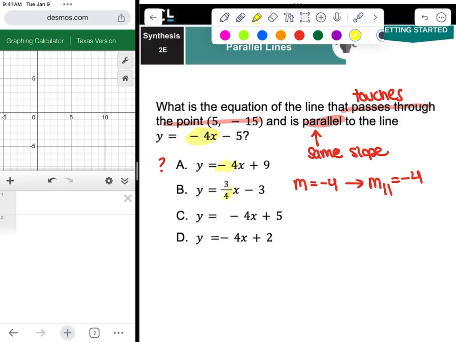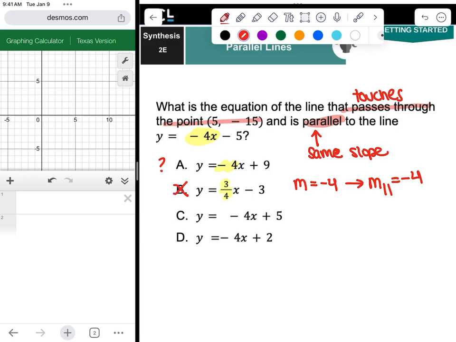B, y equals 3/4 x, that is incorrect. C, y equals negative 4x, that's also a maybe. D, y equals negative 4x, that's also a maybe. So now, all of these lines, A, C, and D, will be parallel. It comes down to which one of those touches the point at 5, negative 15.